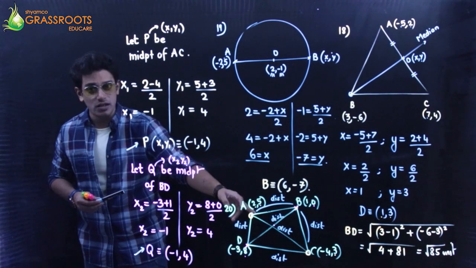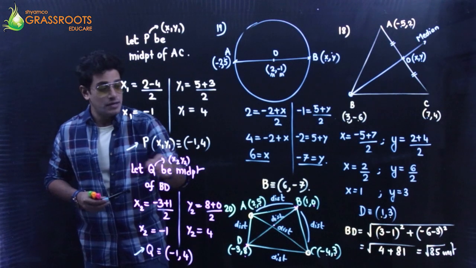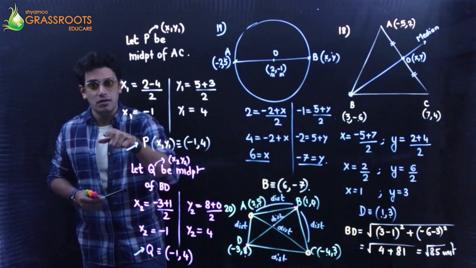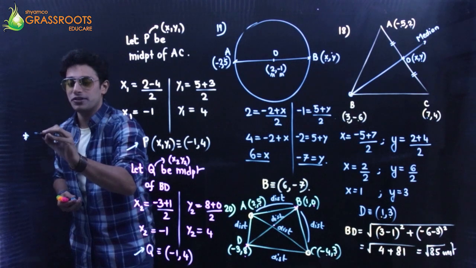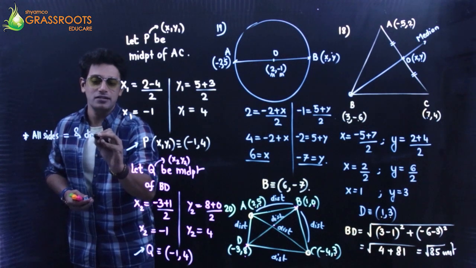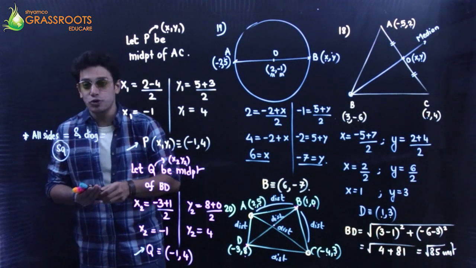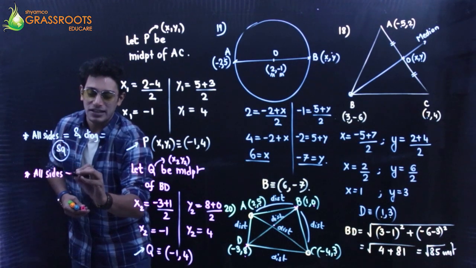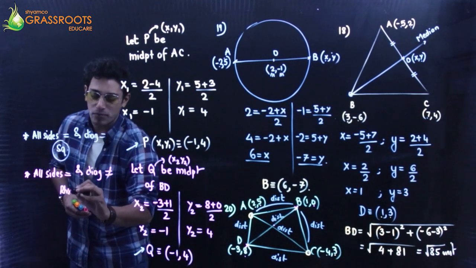If opposite sides are equal and diagonals are not equal, it's a parallelogram. If all sides are equal and diagonals are not equal, it's a rhombus. Listen, I'm just giving you pointers. You have to use the distance formula and get hold of it.